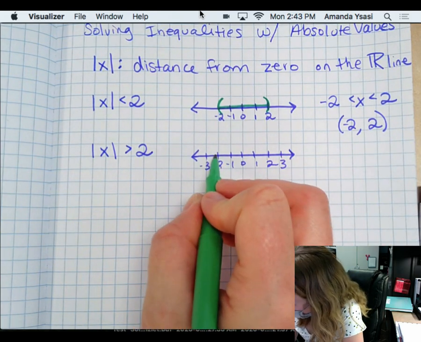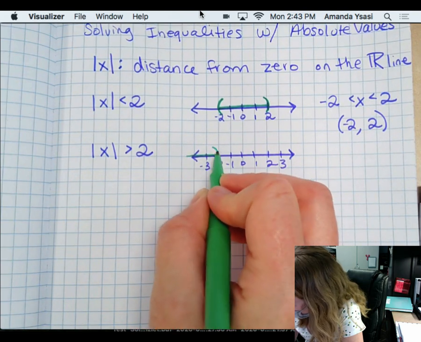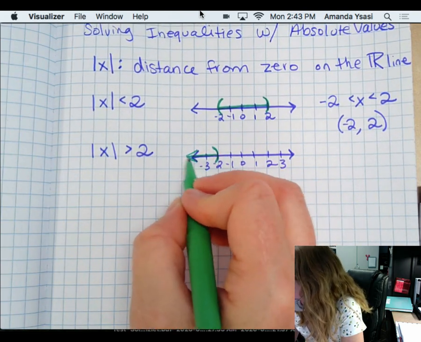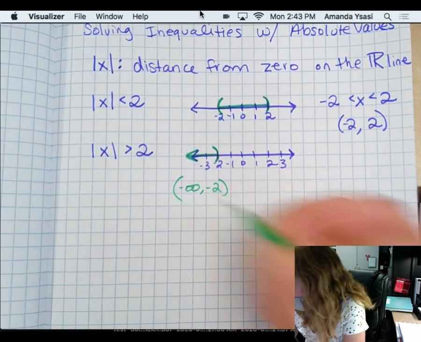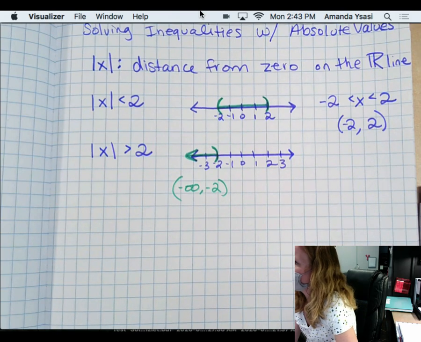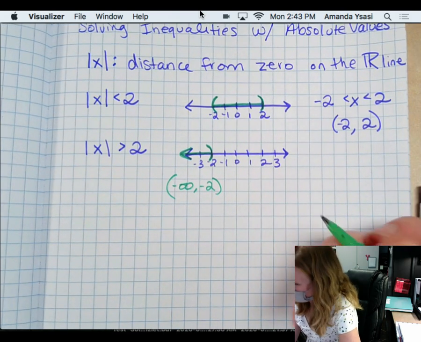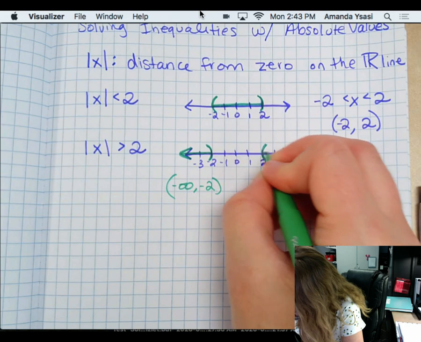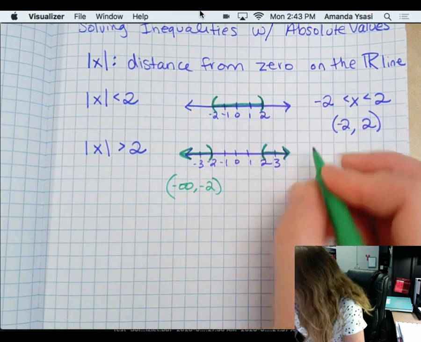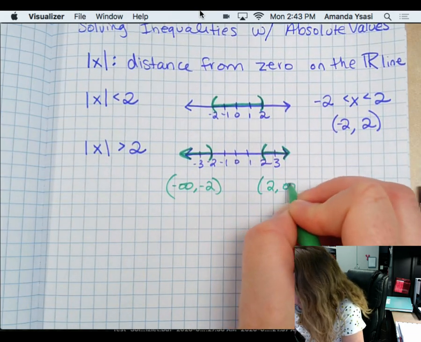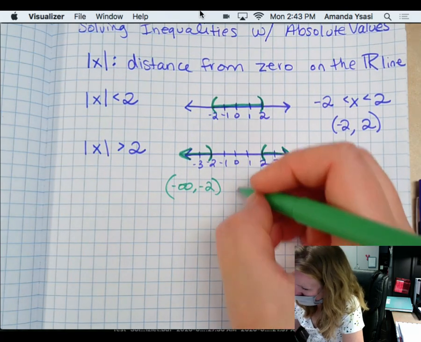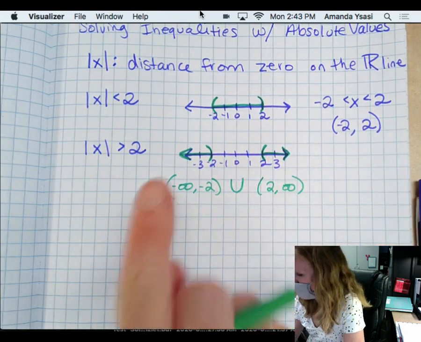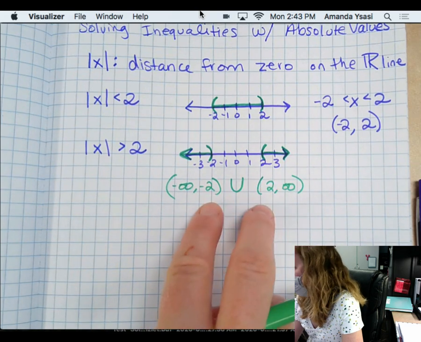So it's going to be -infinity to -2. So that would be -infinity to -2. And then 2 to +infinity. So this is the union of those two. It could be in one set or in both sets.